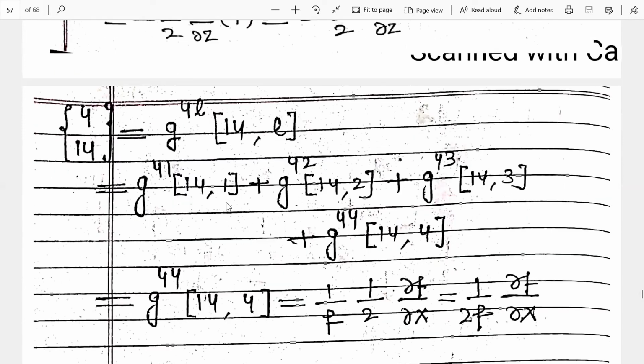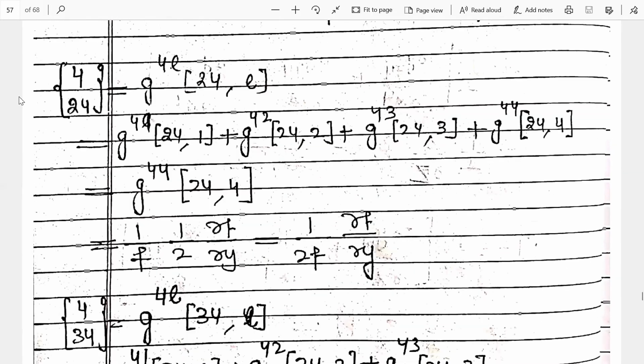So this value is 1, 2, 3, 4. And we know that the diagonal entries are non-zero, the others are 0. So this will become 0, this will become 0, this will become 0. The remaining part is only g44 and [14, 4]. We know the value of g44. We know the value of [14, 4]. Substitute and get the result, right?